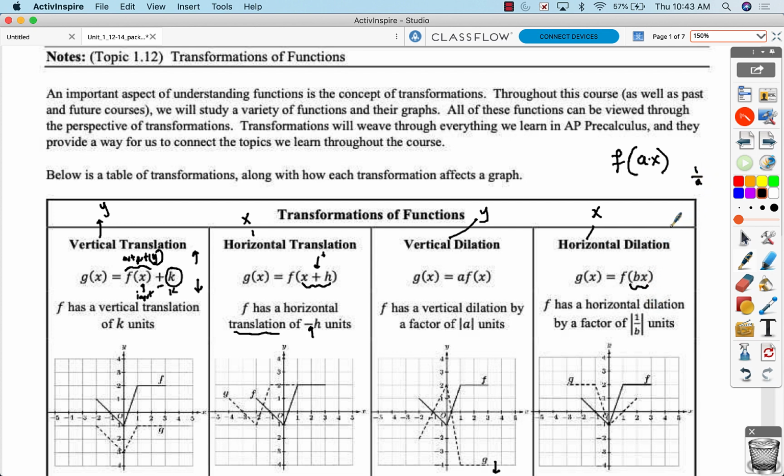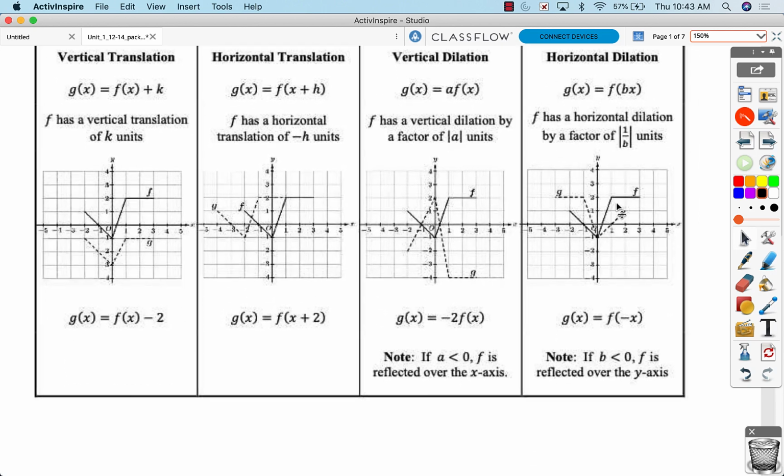Okay, and you're going to see multiple examples of that too. And a negative would mean something different too, which they talk about right here. So if you put a negative here, this flips over x.